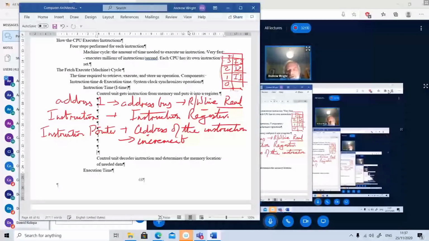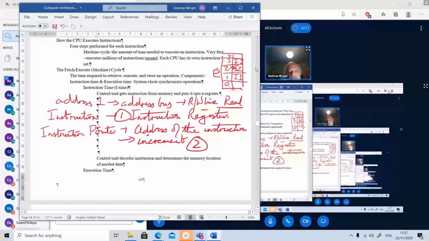If this was from instruction 1, it's incremented, so this would move up. Then this one is pointing to instruction 2 while the rest of it is carrying out instruction 1. So when it needs the next instruction, it's already there, ready to go. It's like a little bit of a pipelining thing. So the instruction gets put into the instruction register and the instruction pointer is incremented so it points to the next instruction.